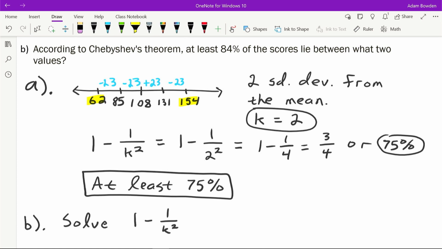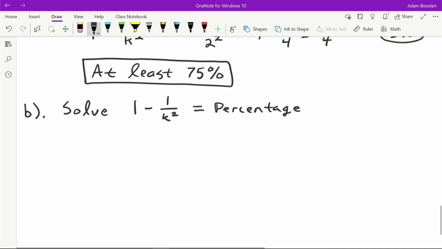In the next part, we need to figure out where at least 84% of scores lie between two values. In this case, we're going to need to solve for the number of standard deviations. So we're going to take the formula 1 minus 1 over k squared, set it equal to the percentage value, and then solve for the number k.